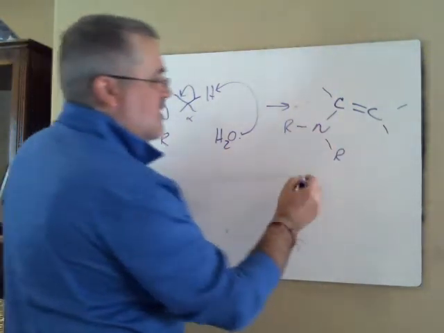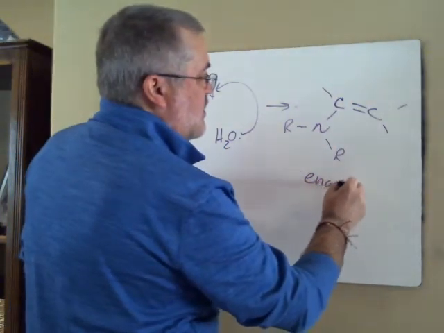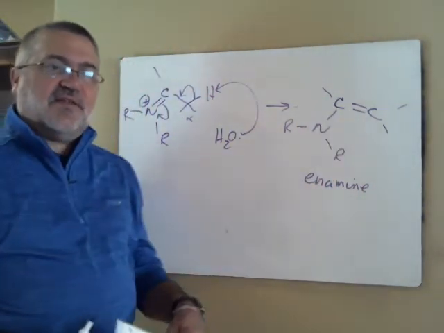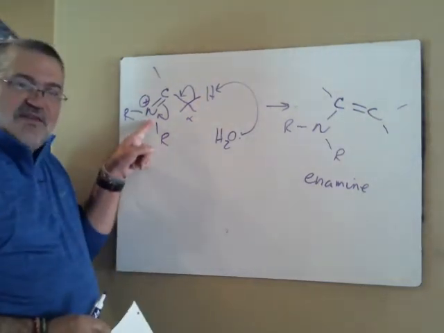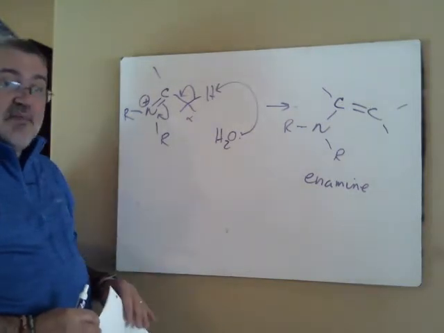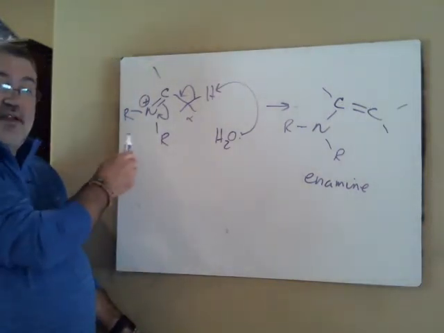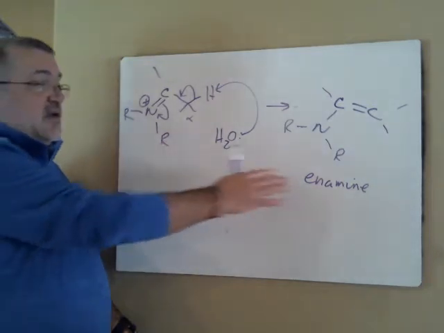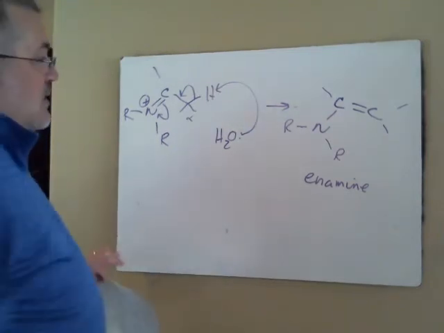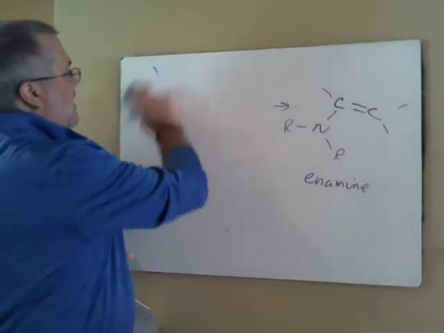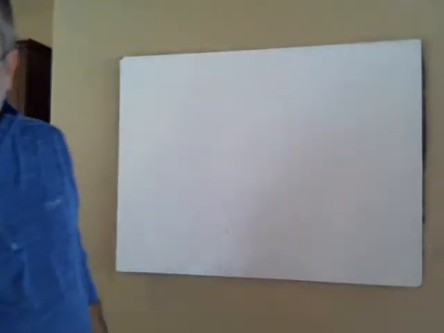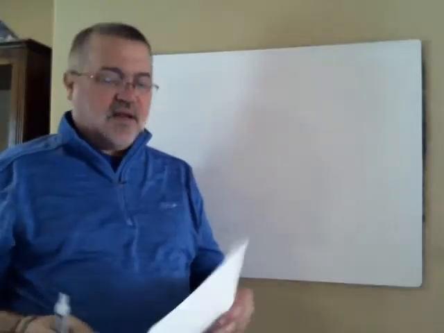And so that is what we call the enamine, because it's an amine and you have the double bond. So do you see the subtle difference is just the fact that this nitrogen does not have a proton on it. If it did, you'd have that same imine formation, but the fact that there's no proton there because we started with a secondary amine, you get the enamine formation. All right? So, another interesting mechanism, okay? But it's virtually the same as imine formation, only that subtle difference at the very end, okay?